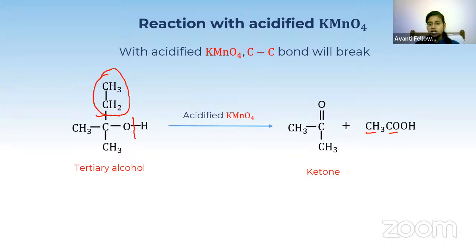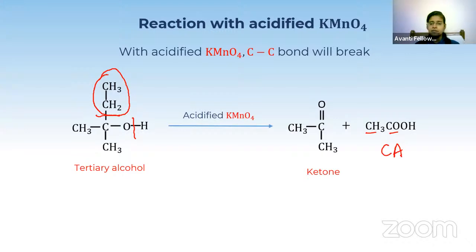We are getting one ketone and a carboxylic acid. So if the tertiary alcohol is treated with acidified KMnO4, it leads to the formation of ketone and a carboxylic acid, depending upon the reactant which we are taking. Not in all the cases, depending upon the reactant.